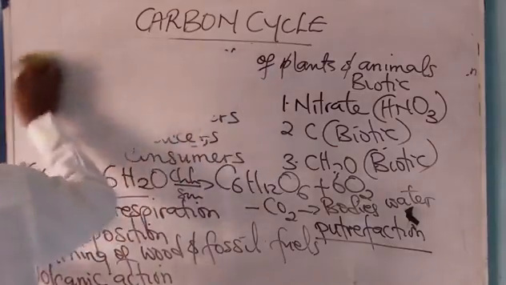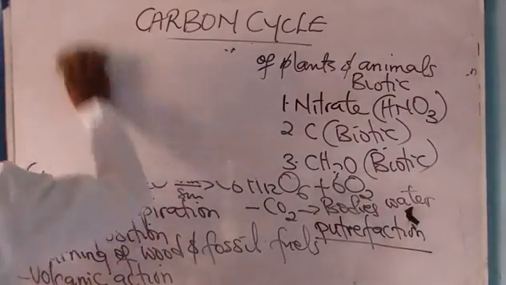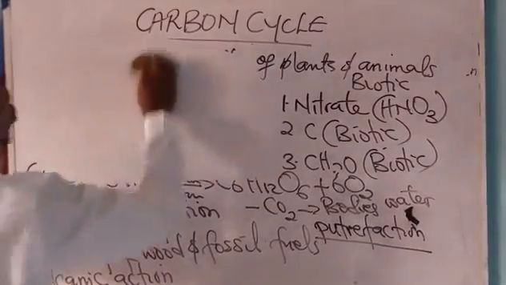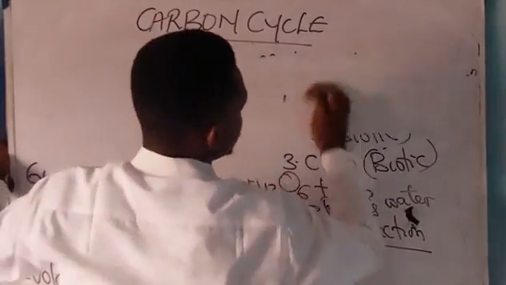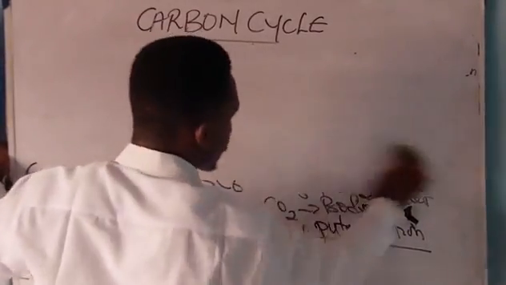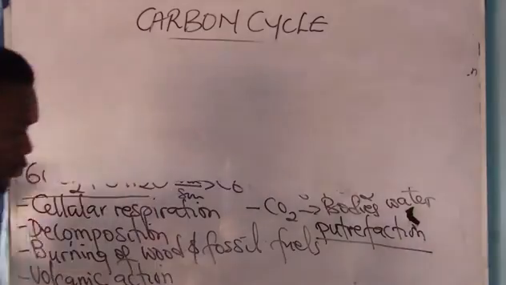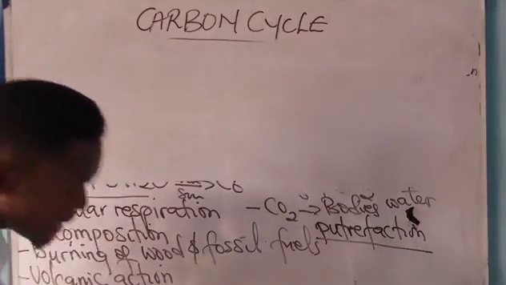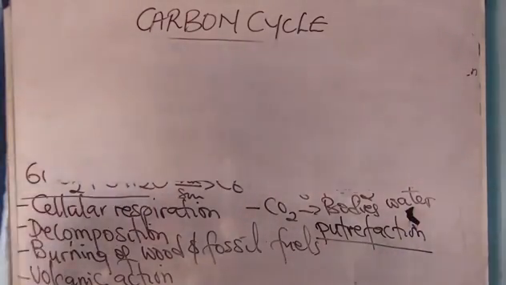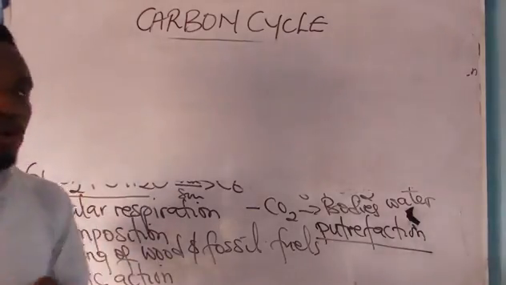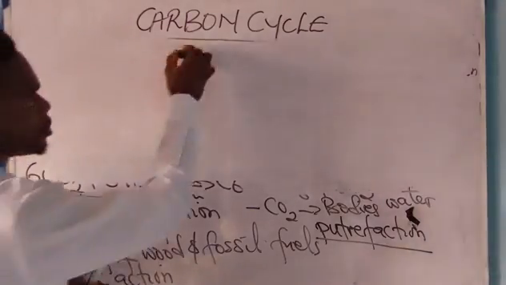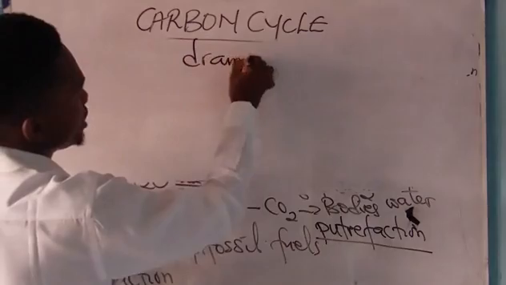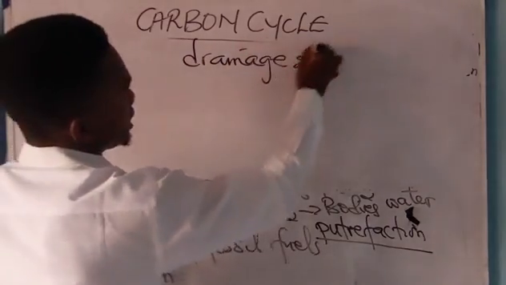Carbon is also lost through leaching and drainage in the form of calcium and magnesium carbonates. So carbon is also lost through drainage and leaching.